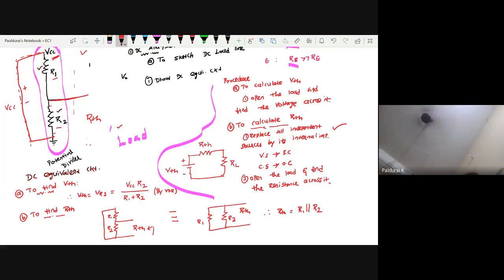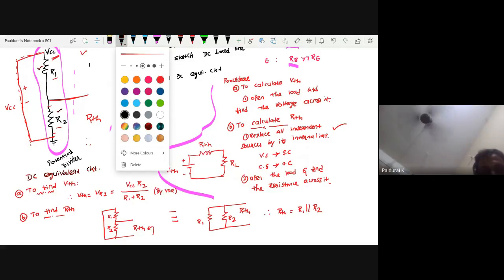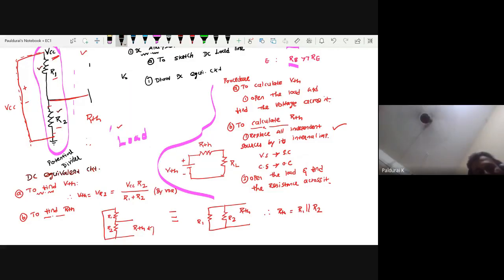So now can you redraw the circuit? Circuit என்ன இருந்துச்சு எனக்கு? Now this is my load, right? I'm redrawing. My VCC, RC, okay, RE. So now என்ன பண்ணணும்? You want to connect the load here.